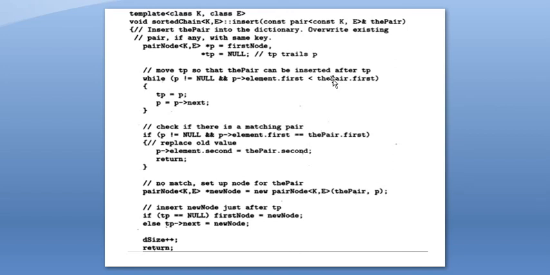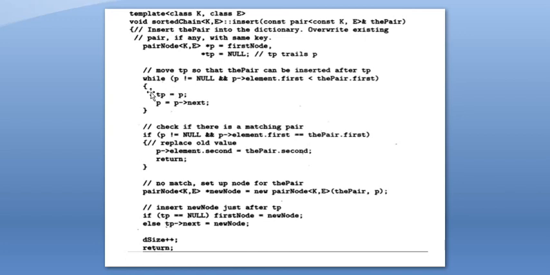So is this condition true? It's false. Why? Because 6 is greater than 5, so this condition will not be executed, which means you stay back in the same node, and that is actually the current position where you want to insert. So this is not executed now.